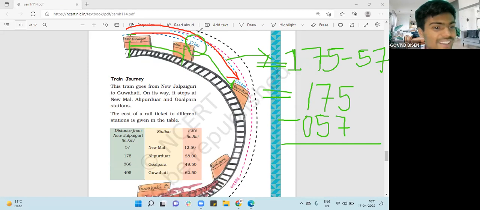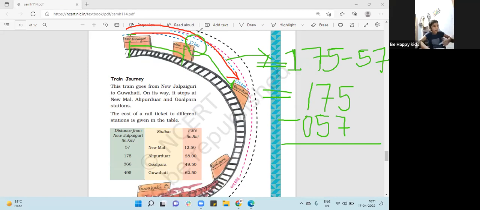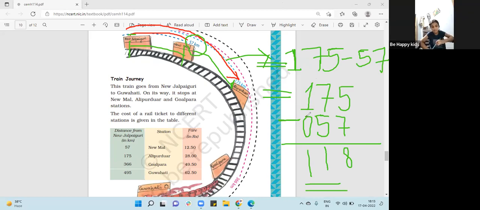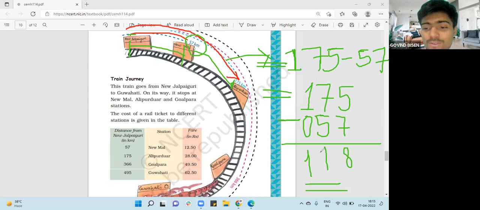So you got where the mistake is? On the first, I left the hundreds place 1. I left the hundreds place 1, sir. So 1 minus 0 is 1, isn't it? Yes, sir. Okay, so that's how you have to correct the mistakes.